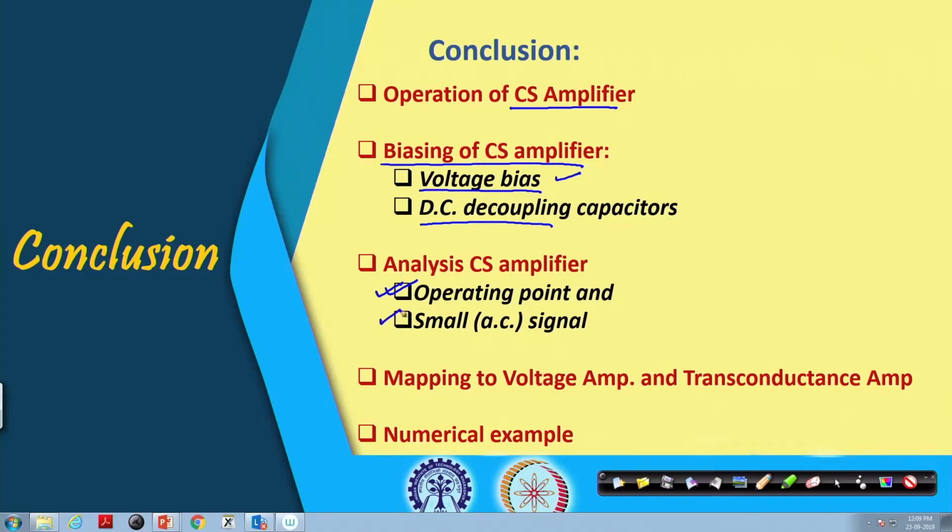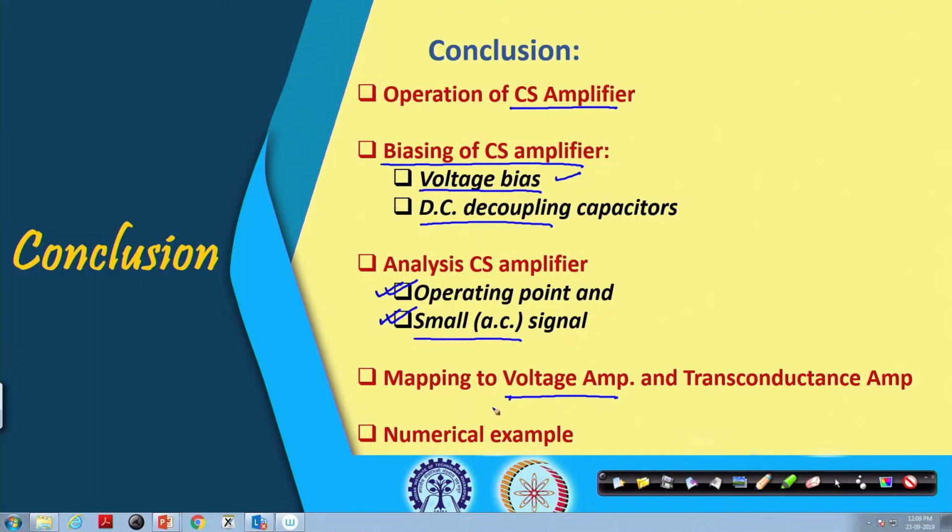Then we saw the small signal equivalent circuit, where the transistor was replaced by gm into small signal VGS, and we got the expression of the voltage gain. After dropping the DC part, we mapped the amplifier into a voltage amplifier, where the input signal was voltage and the output was also voltage.